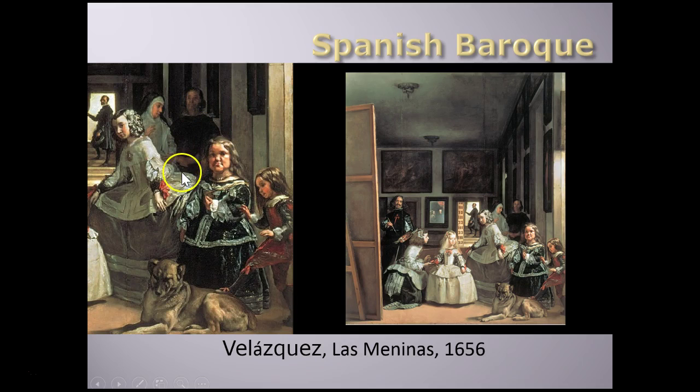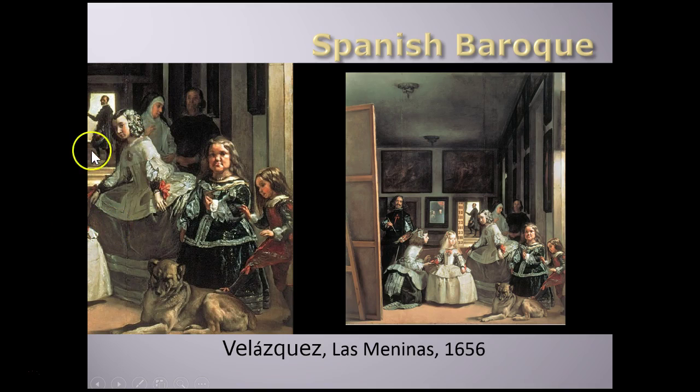But he's really showing her as a person, and very noble, and very self-aware of who she is. So I think that's one of the really positive aspects of Velázquez's painting.